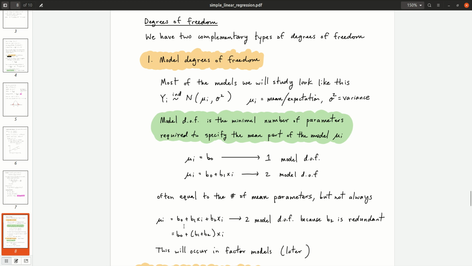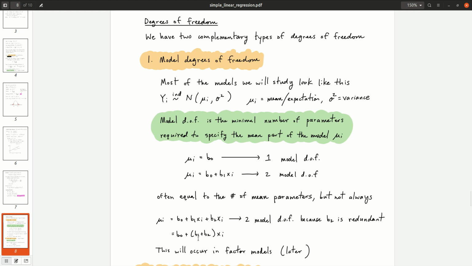Now this specification is redundant because we have two terms that are linear functions of the covariate xi. And so we could take this model formula and just rewrite it like this, b0 plus (b1 plus b2) times xi. Now you see that suppose the true slope was 7.